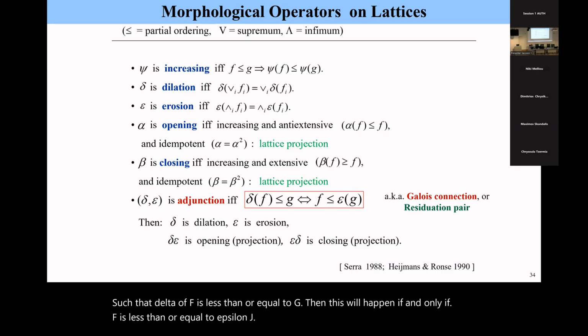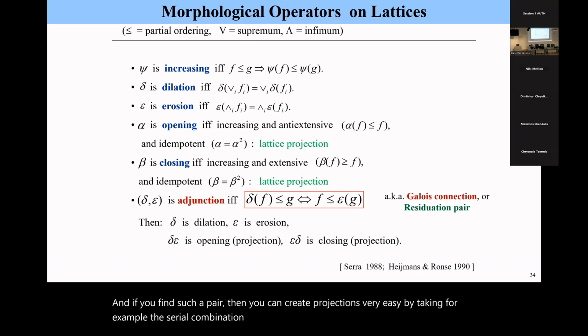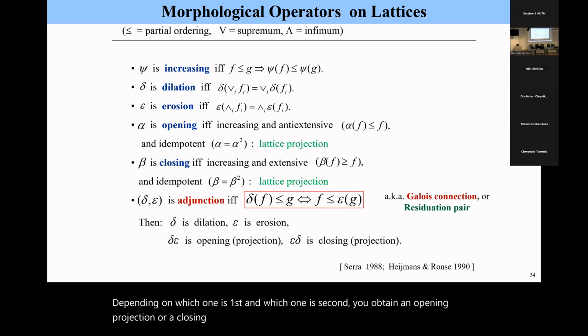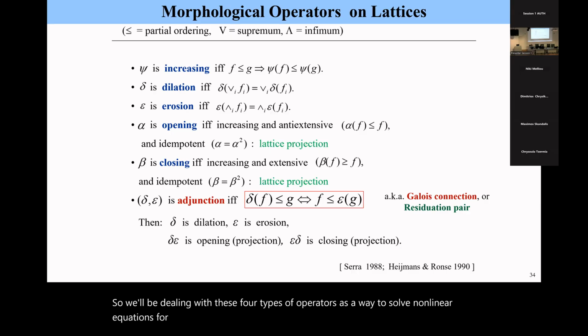And if you find such a pair, then you can create projections very easily by taking, for example, the serial combination of an erosion and a dilation. Depending on which one is first and which one is second, you obtain an opening projection or a closing projection. So we'll be dealing with these 4 types of operators as a way to solve nonlinear equations for optimization.